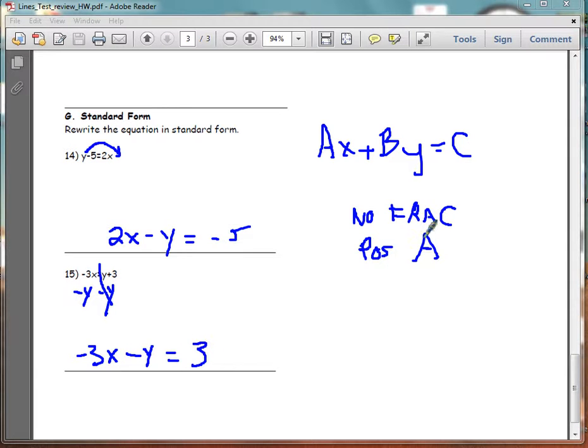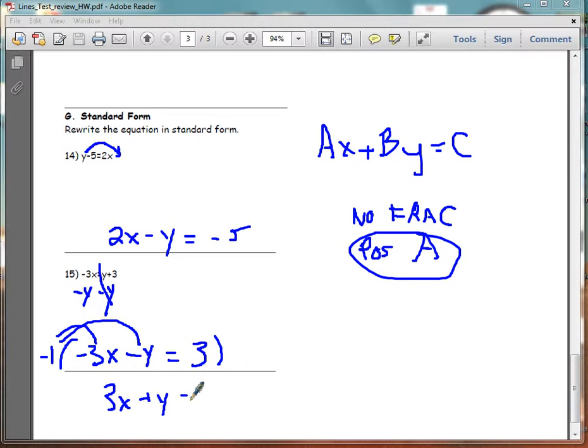Now remember, we said you had to have a positive a, so you'd multiply everything here by -1. So that's just going to switch the signs of everything. You'd get 3x. We're distributing. Negative times negative is a positive. Negative times negative is a positive. Negative times a positive is a negative. There is standard form.